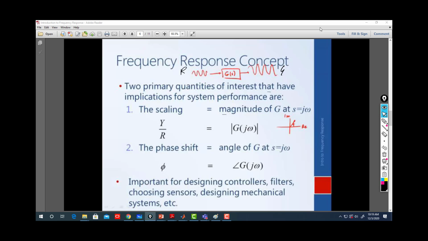For example, if you are designing a suspension for your car, the force coming from the road to the tire through the suspension should not have a frequency equal to the natural frequency of the suspension.